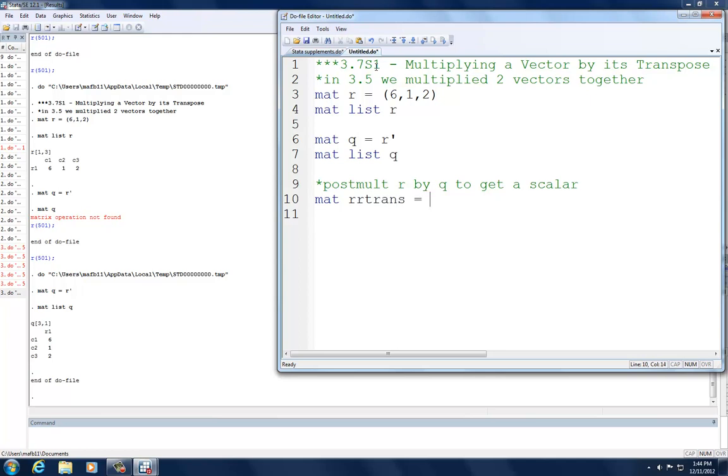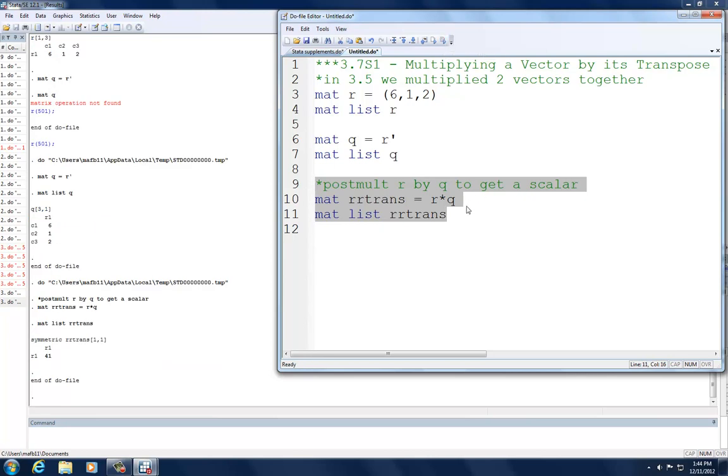So we are going to have R times R transpose, which we labeled as Q. So let's look at that. When we run that, we get 41, which is what we got in our notes.